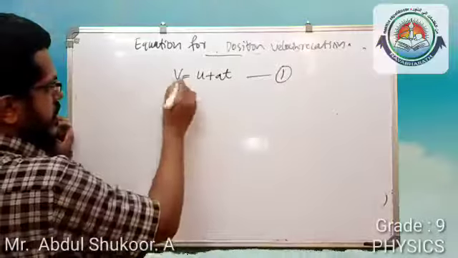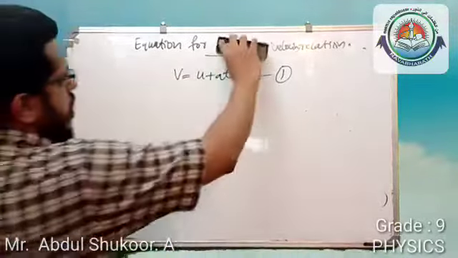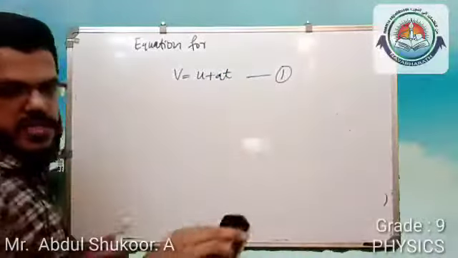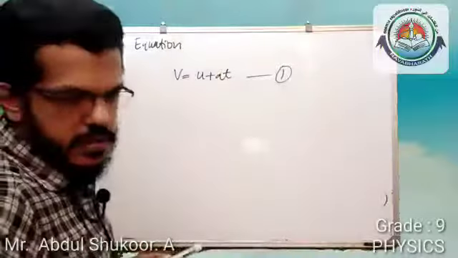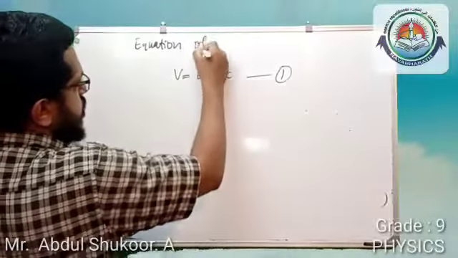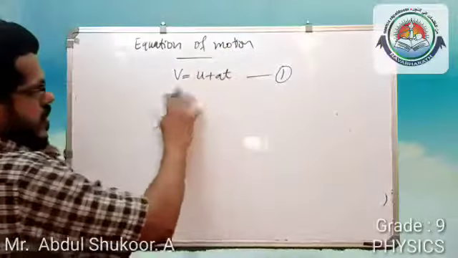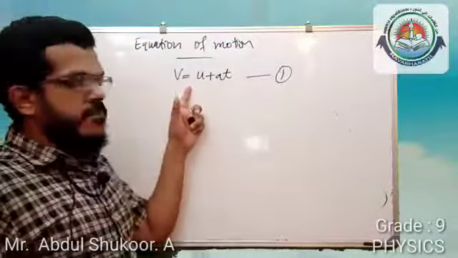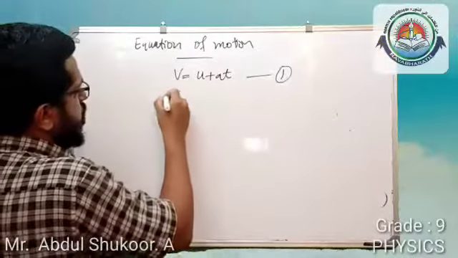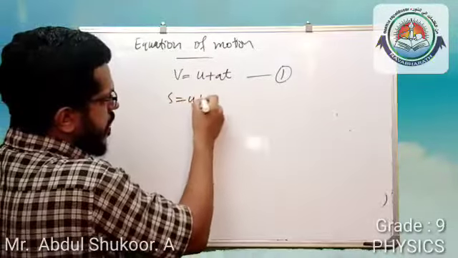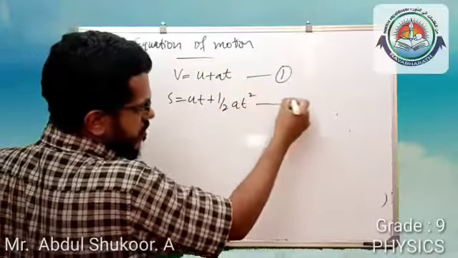The second equation is s is equal to ut plus half at square. That is the second equation of motion.